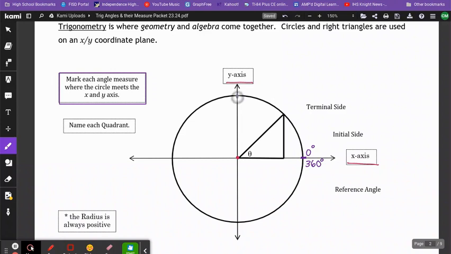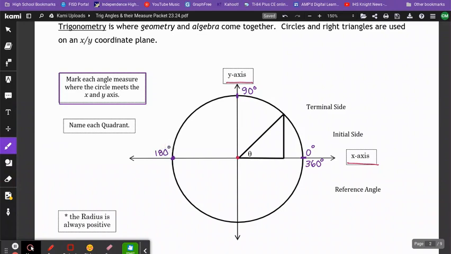Up at the top of my circle here where it meets the y-axis, this is at 90 degrees. This point over here, a total of 180 degrees from start to this spot, and that is half of our circle. We've made it halfway around.